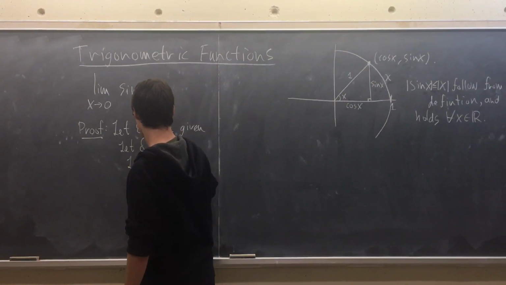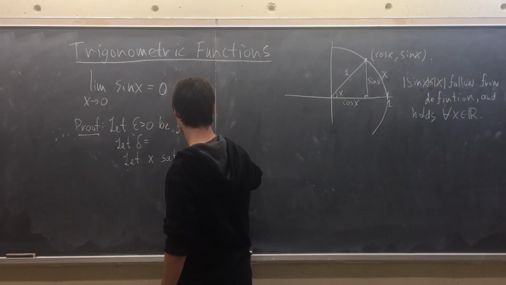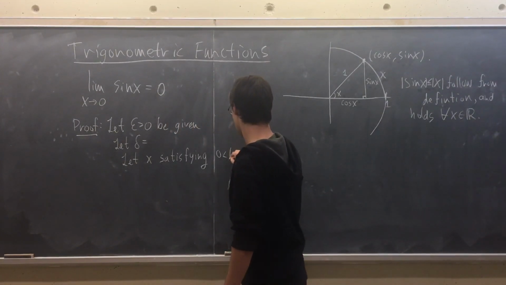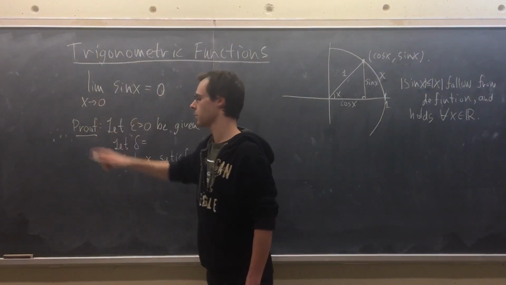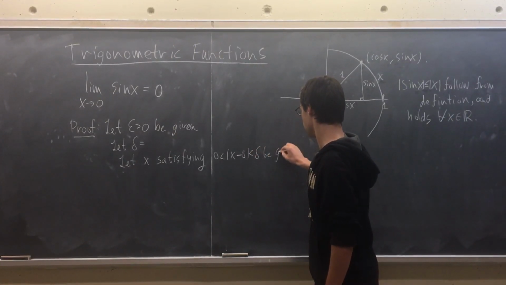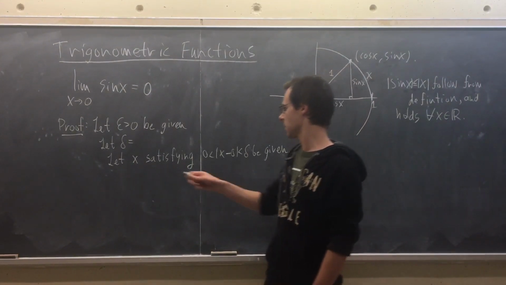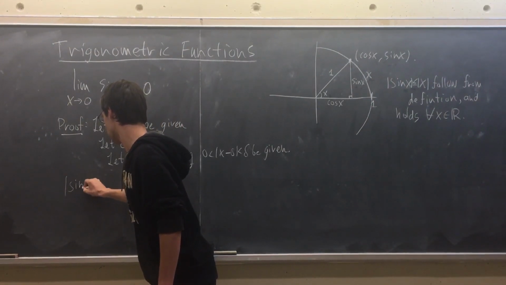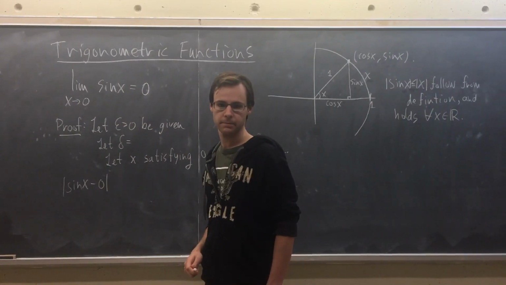And let x satisfying 0 less than absolute value of x minus the point we're approaching, 0, less than delta, be given. And what do we want to show? We want to show that the absolute value of sine x minus 0 is less than epsilon.